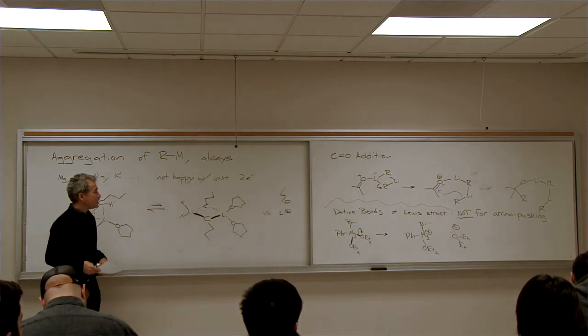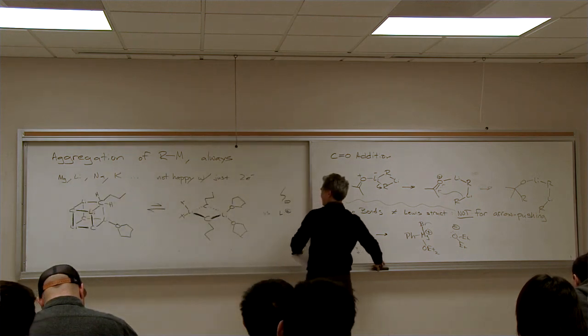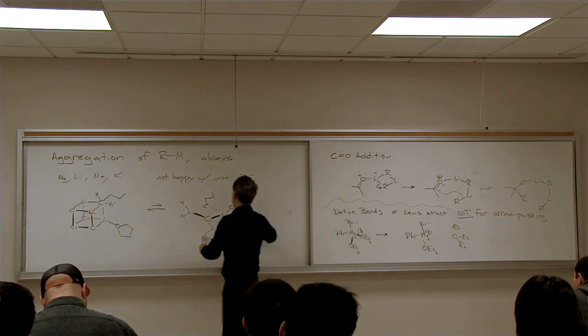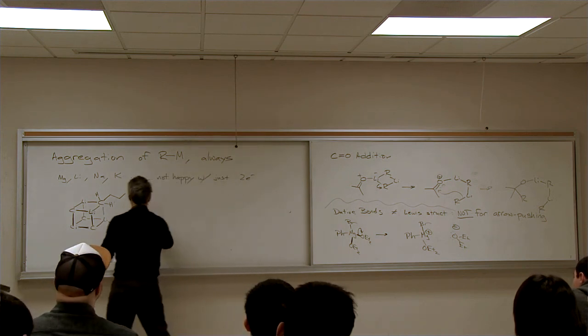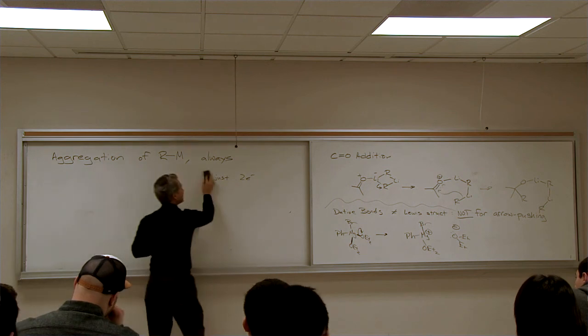Okay, so how are we going to deal with all this aggregation? I was about to say aggravation. Maybe that's the best way to describe that. I'm just going to ask you to remember it, that things aggregate.